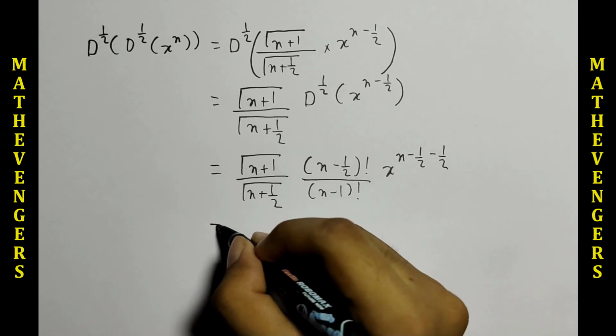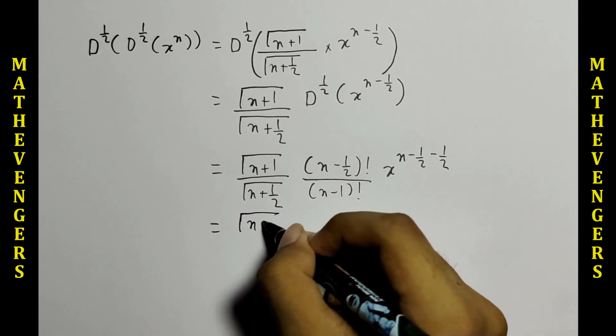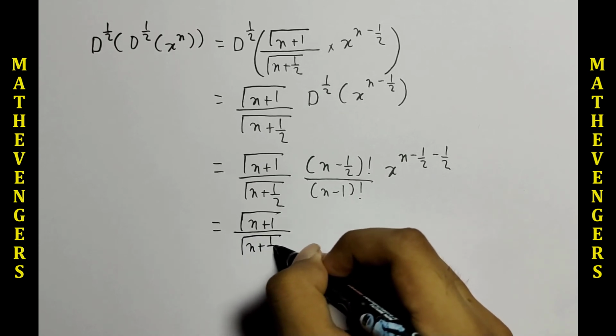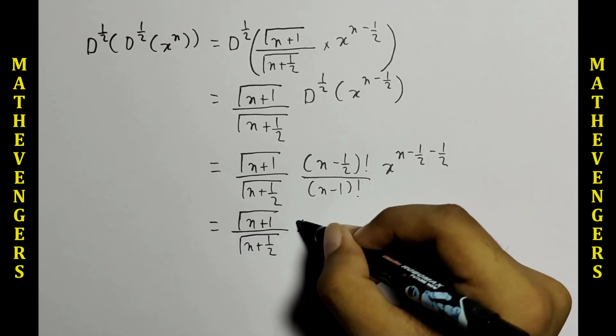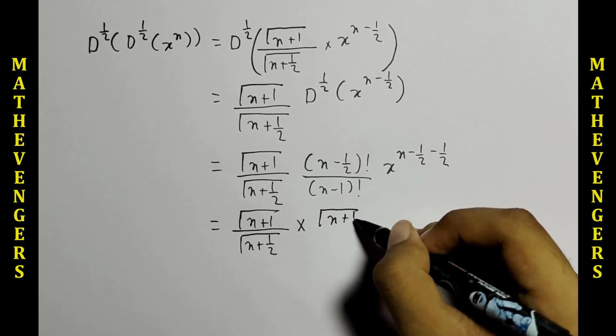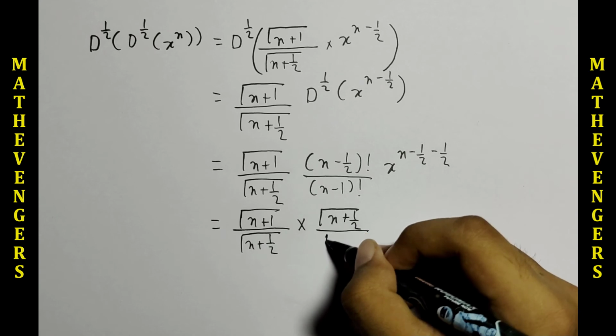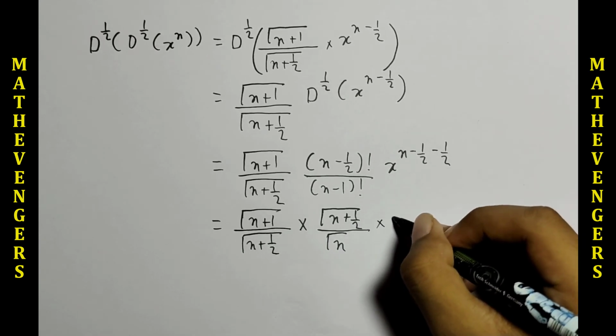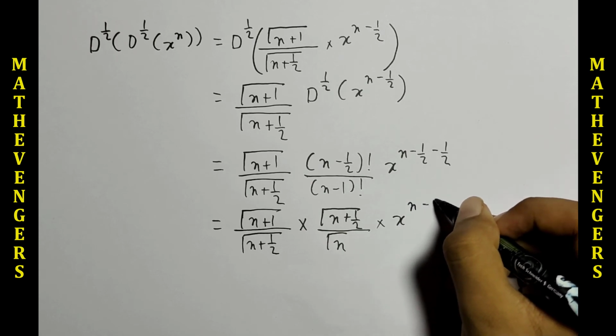So this will be equal to gamma of n plus 1 upon gamma of n plus half into gamma of n plus half upon gamma of n into x to the n minus 1.